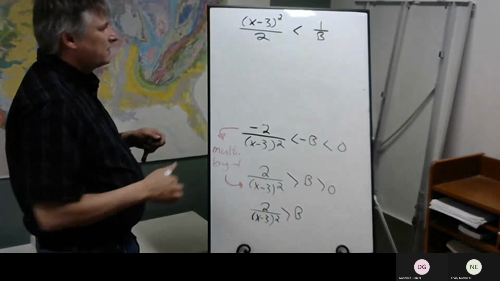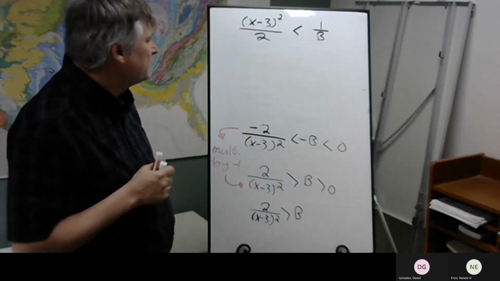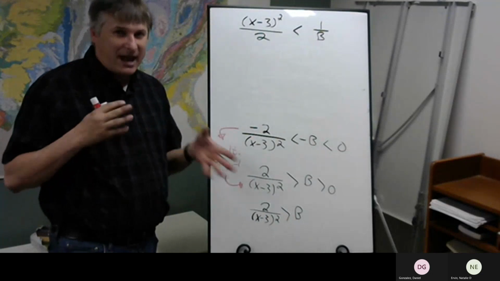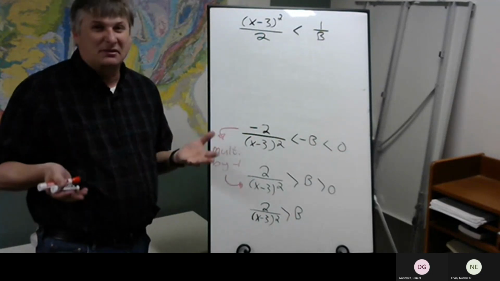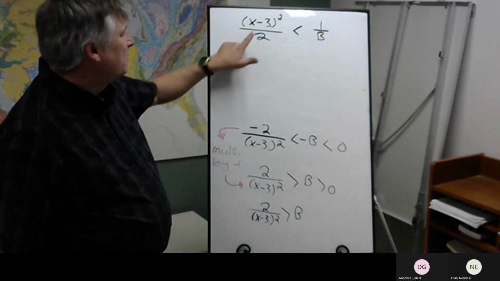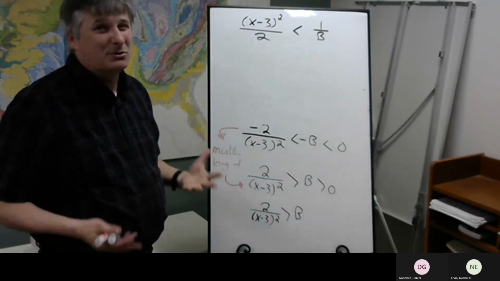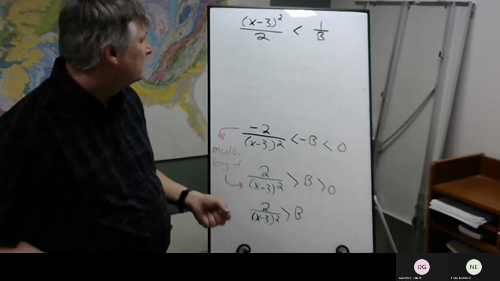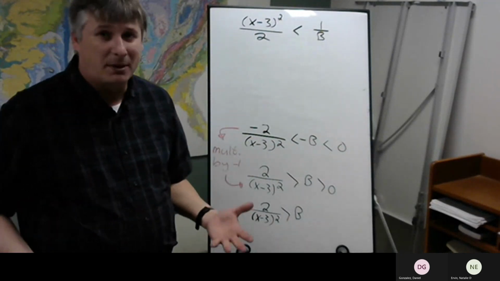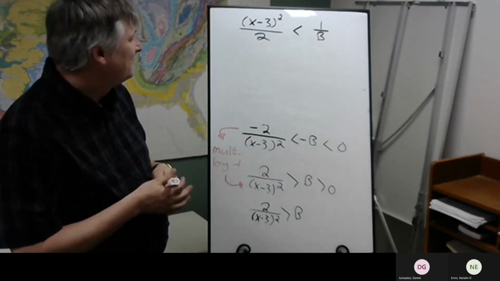So next what we can do, we're going to actually try to solve for x minus 3. And the reason we're going to try to do this, we're going to look for that distance, that x minus c. And again, this takes some practice to see something like this. But if we square root this, because this is squared, we're going to get an absolute value. So that'll give us, and since our c is equal to 3, we're going to get an absolute value of x minus 3, which kind of tells us about our delta.